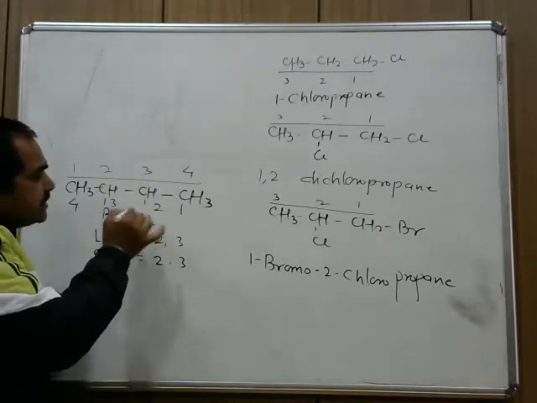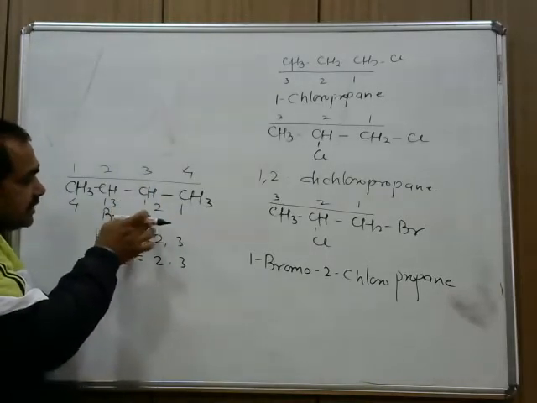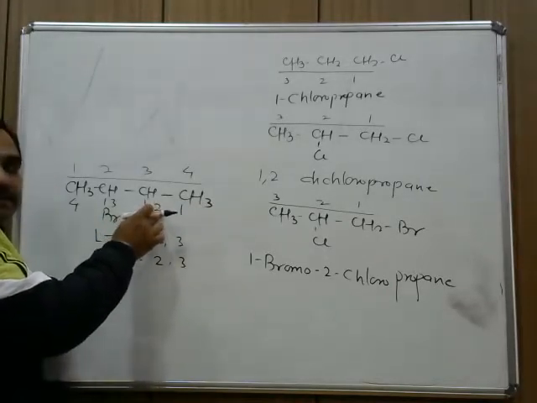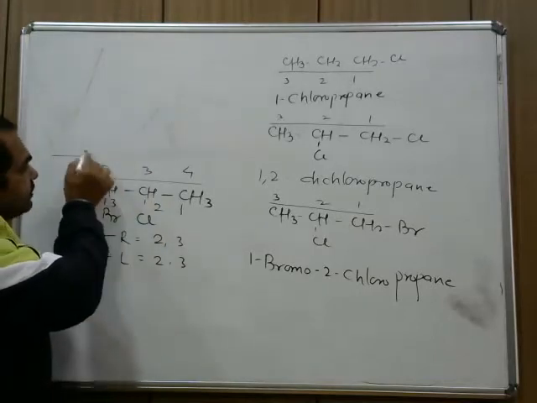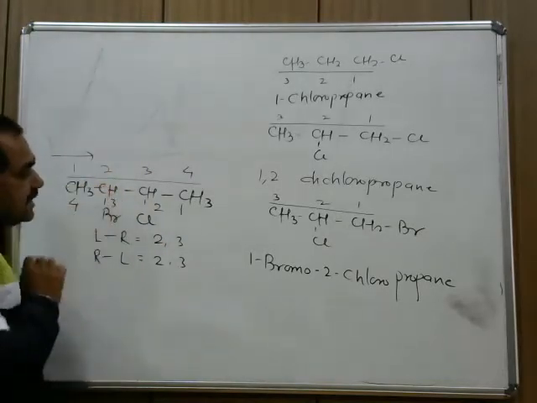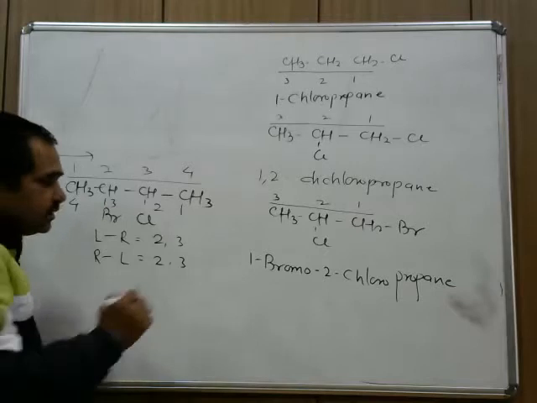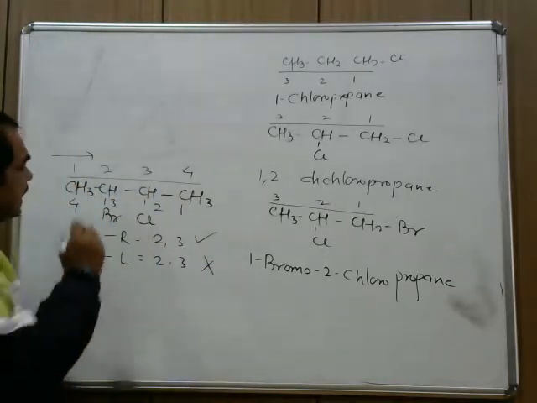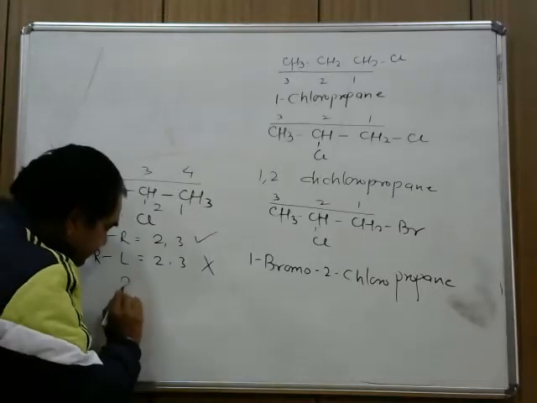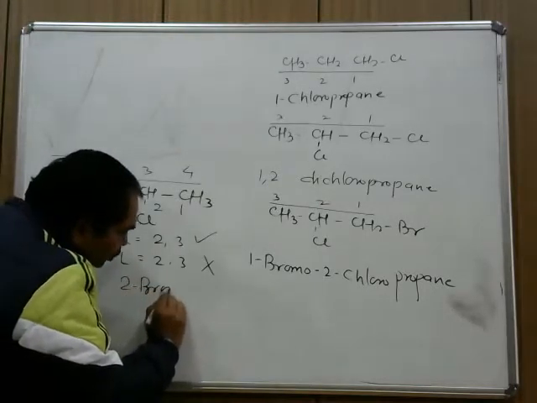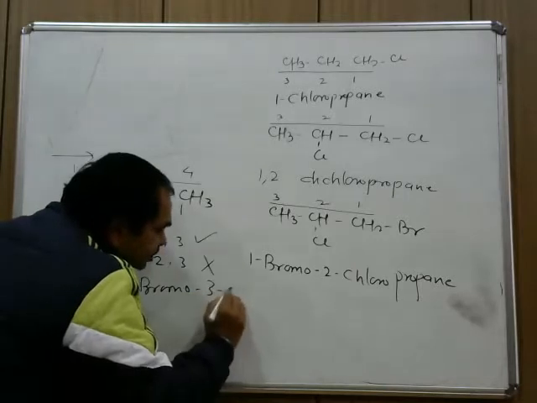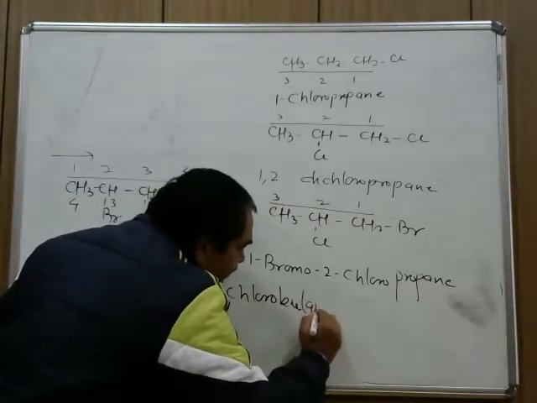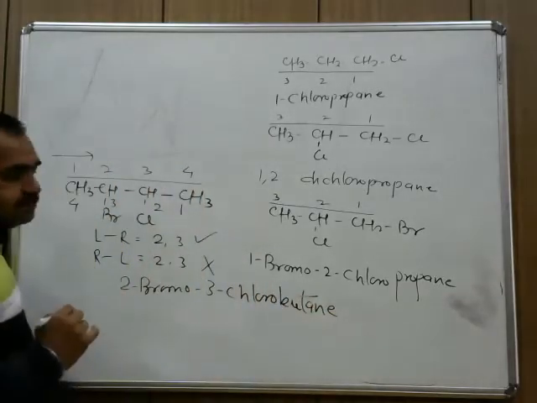This is bromo, this is chloro. In this numbering, chloro gets the lower number, but in the numbering from left to right, bromo gets the lower number. So this numbering is correct and the other is wrong. The correct name of this compound is 2-bromo-3-chlorobutane.